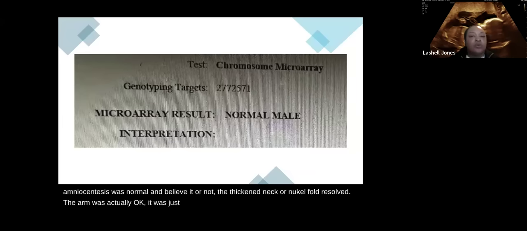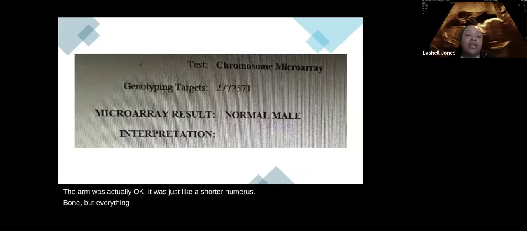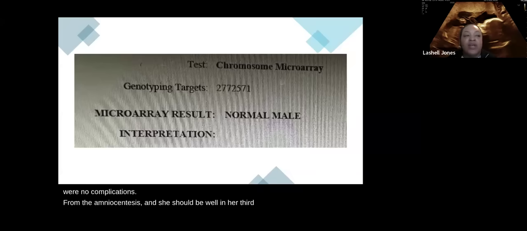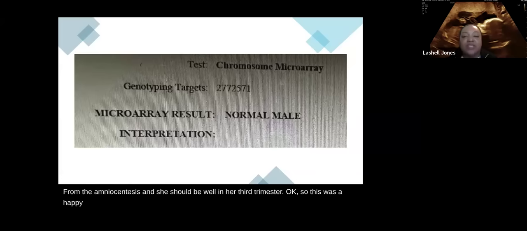It was just a shorter humerus bone, but everything ended up being fine, which matched with the amniocentesis results. There were no complications from the amniocentesis, and she should be well into her third trimester. Okay, so this was a happy, successful case where everything ended up being okay.